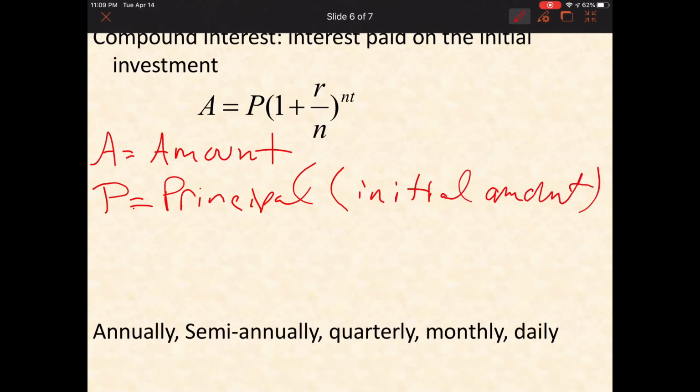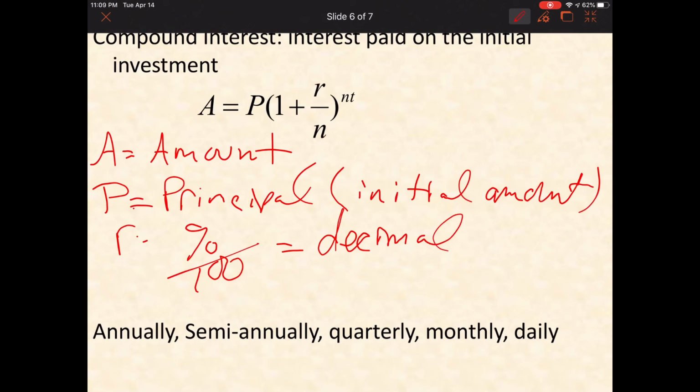R is your percent after you divide by 100, so this is a decimal. T, of course, is your time frame. But it is in years in this particular case because it is about money and it's about interest paid on an initial investment over an amount of time in years.